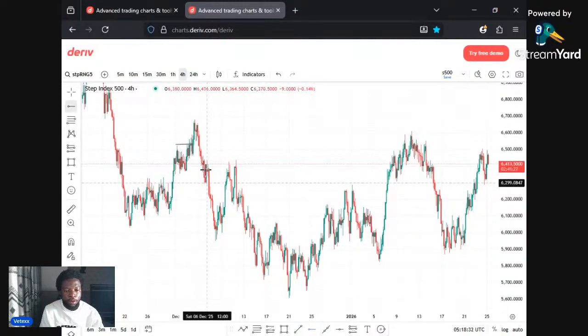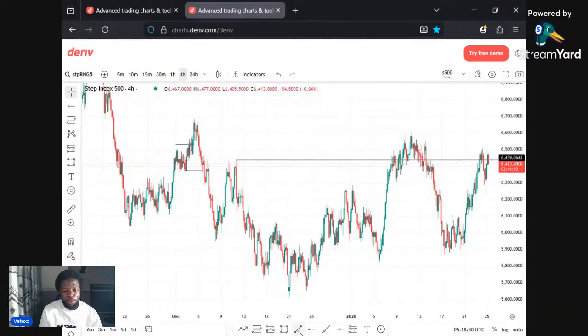And row number 2, we have our first break of structure, which is this. Row number 3, we have price retrace 50% to give us our structural liquidity, which is used for continuation. And then row number 4, we have our second break of structure, which is this.